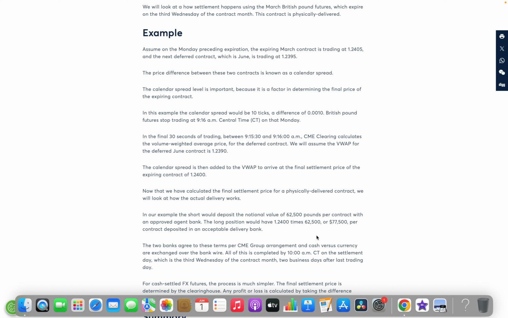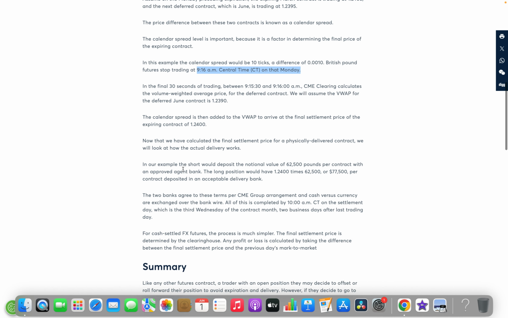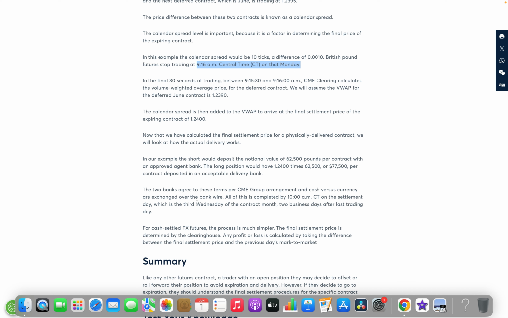Number two, 10 a.m. Wednesday. Number three, the time it stopped trading at 9:16. So my idea is that between 9:16 on Monday and 10 a.m. on Wednesday, the range between that is important.